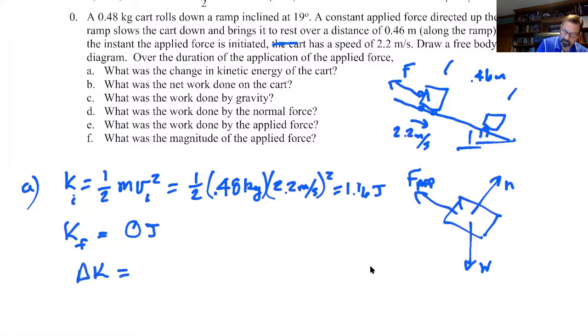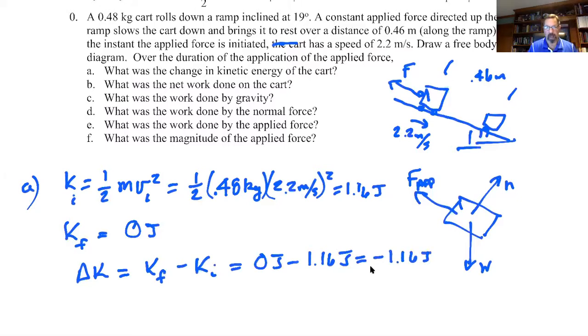The change in kinetic energy then is the final value minus the initial value, which is 0 joules minus 1.16 joules, which is equal to minus 1.16 joules. This block, this cart, whatever it is that's rolling down the incline, is losing energy, right?